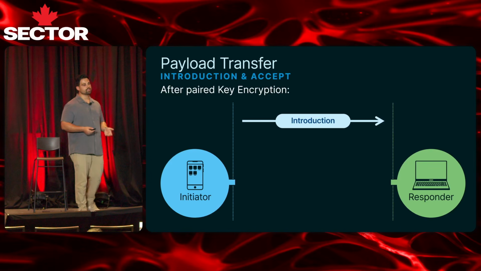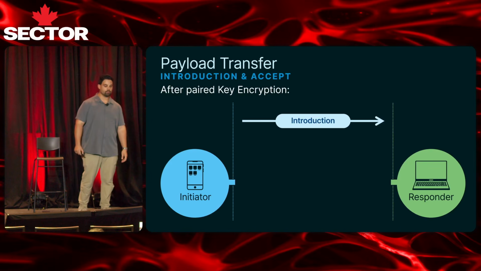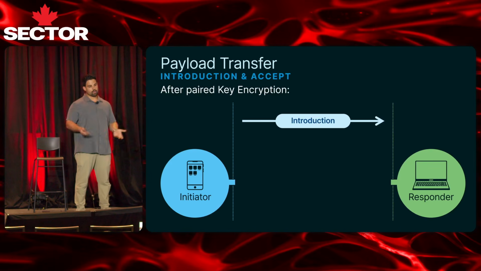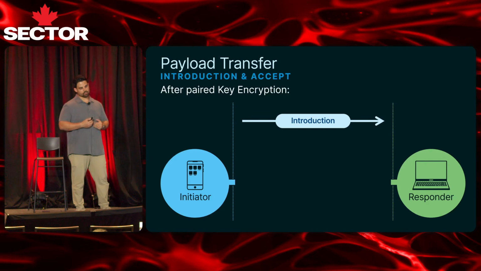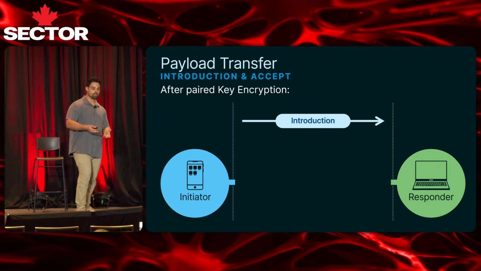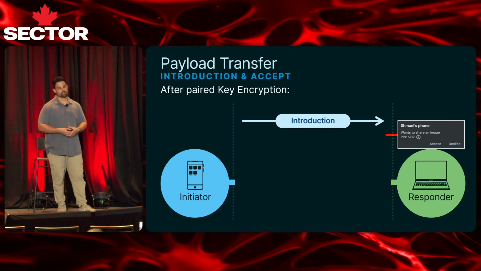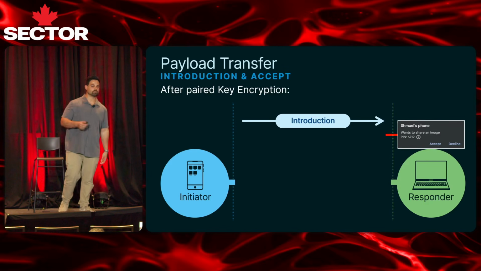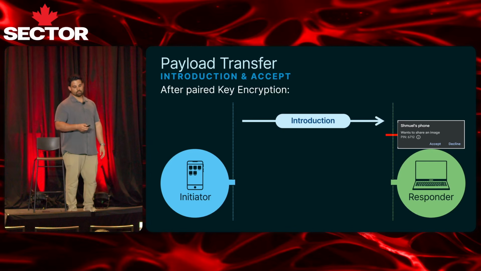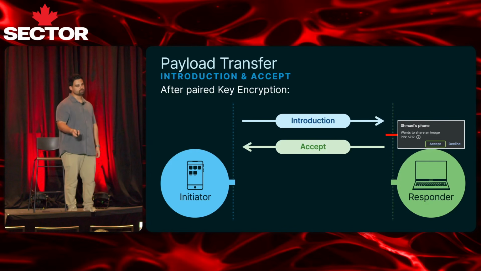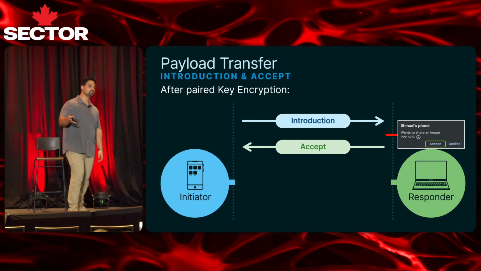So after device visibility modes have been enforced over a payload transfer packet, just like we saw before, the initiator sends a file introduction packet with some information about the file that it would like to send to the responder. The responder is then prompted with a file introduction dialog and hopefully presses accept in a happy flow, which triggers it to send back an accept packet to the initiator.